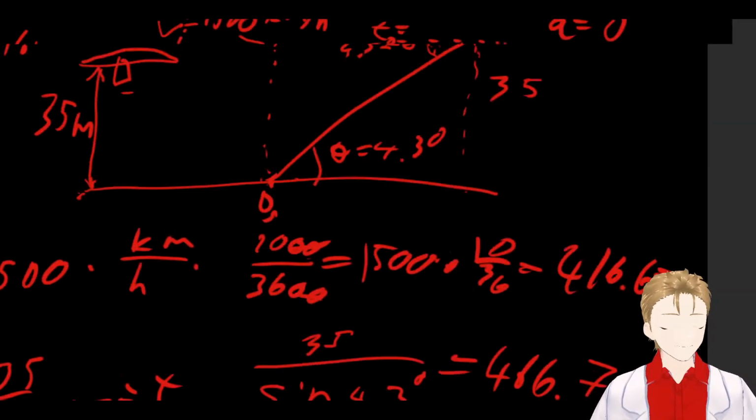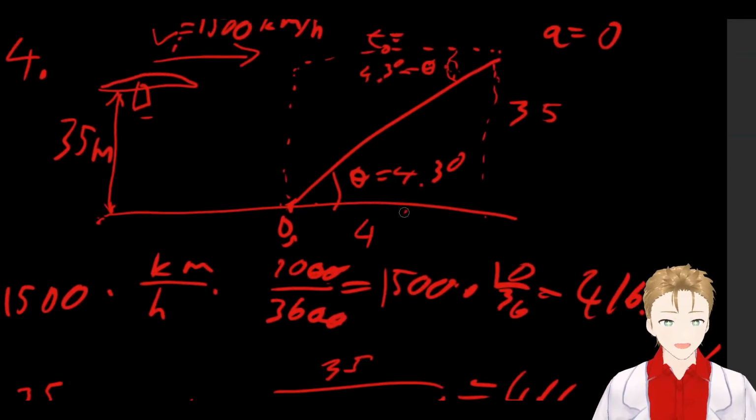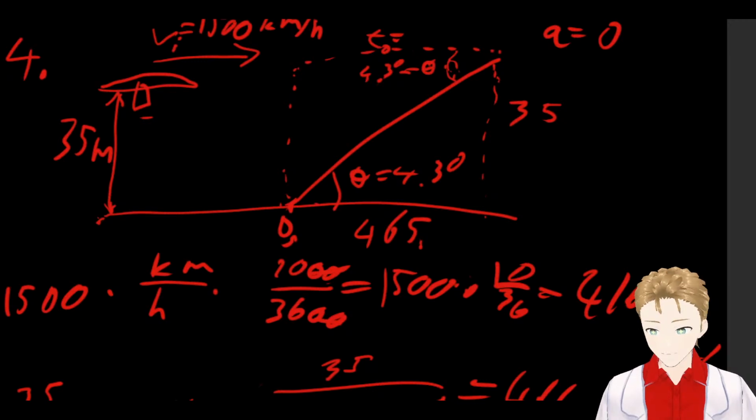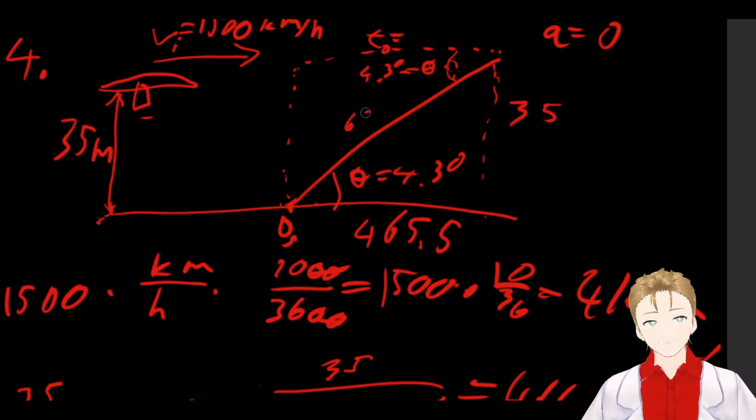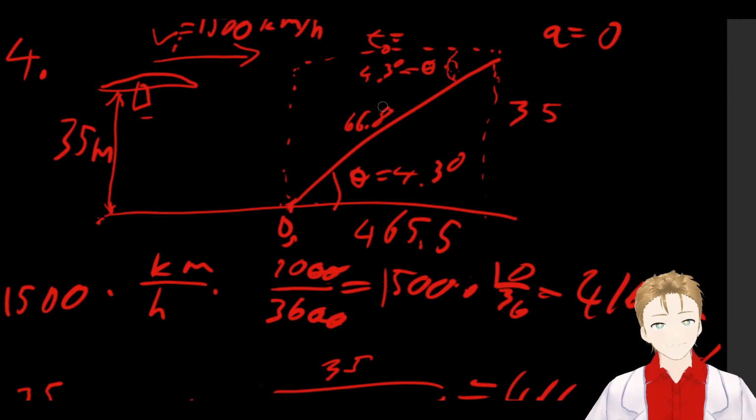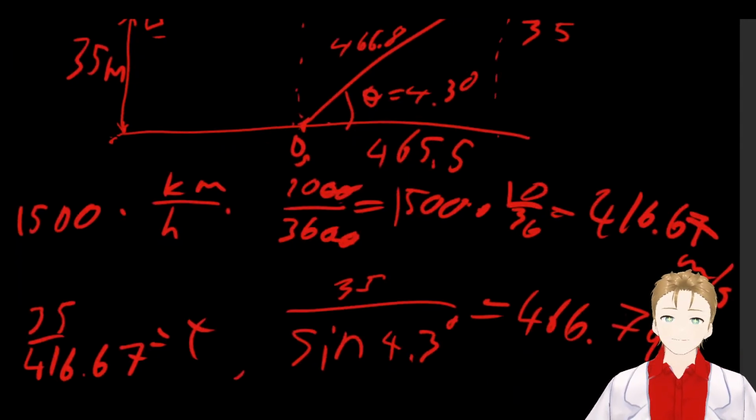Wait. B really is 465 point whatever it was. So I'm wrong. I was going insane. 6, 8. 4, 6 is 6, 8.